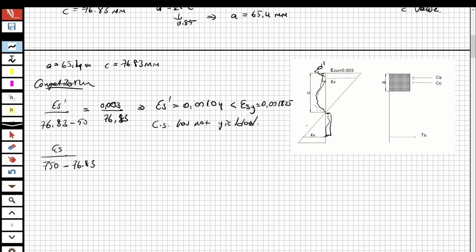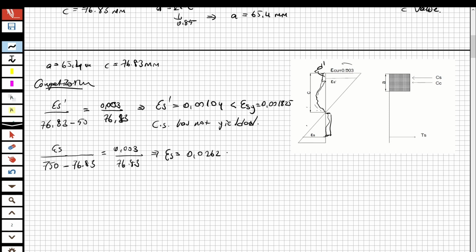76.8, equal to 0.003 over C. This length over this length. And this is going to be equal to 76.83. And from here, epsilon s equal to 0.0262.